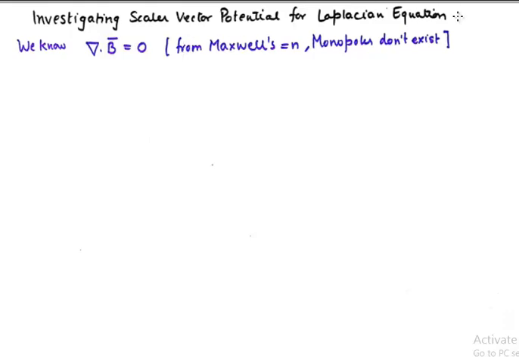We'll investigate that Vm that we are just discussing. If we were to take the Laplacian of Vm, what's the value of that? So how can we do that? We know that divergence of B is 0.